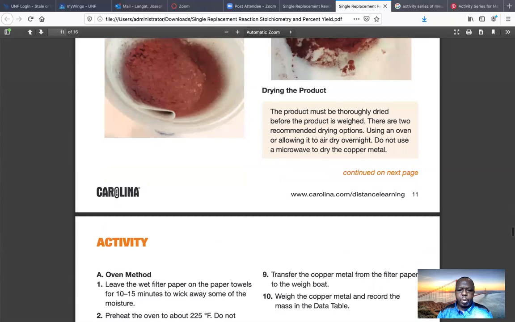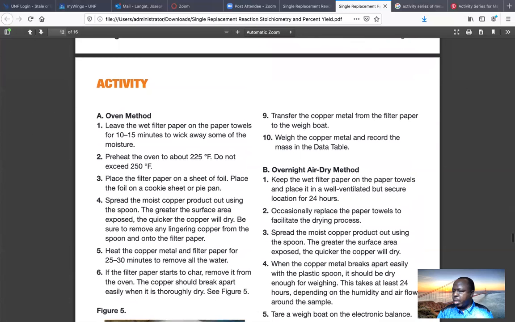That is when you will now tare the weighing board. All right, you should have a weighing board. I'm looking for my weighing board. You're going to tare that. You know how to tare, to zero it. So you're going to place your weighing board on the balance and tare it. That is to zero.